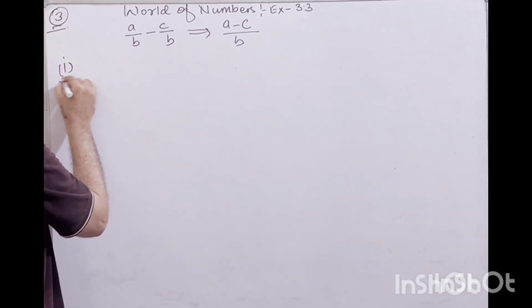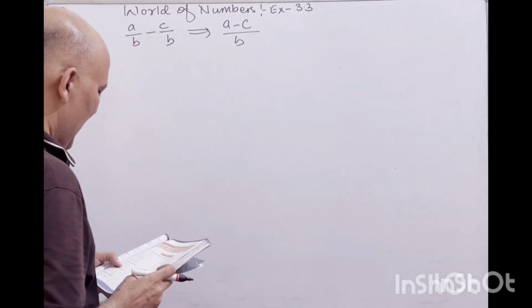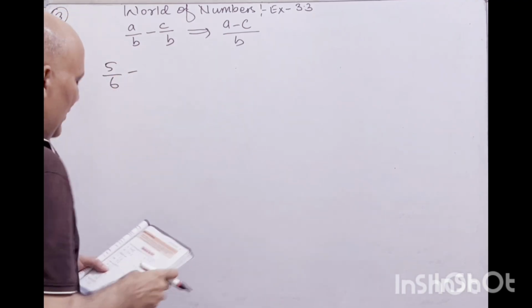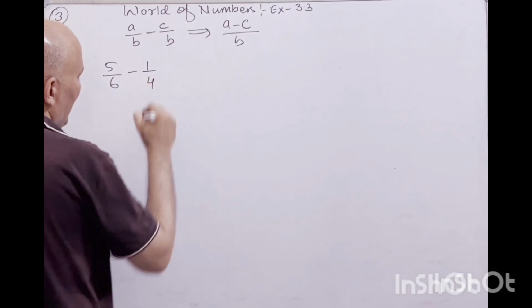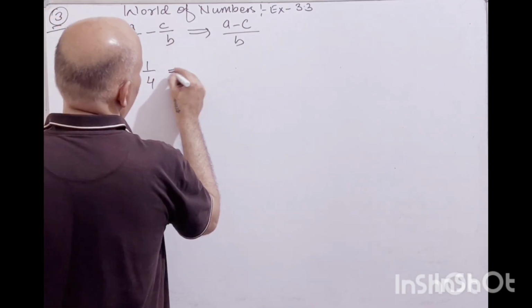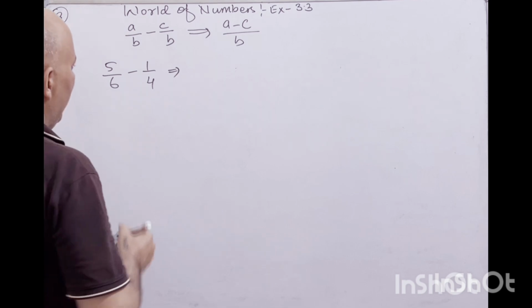First we have 5 by 6 minus 1 by 4. We can make the denominator 12.